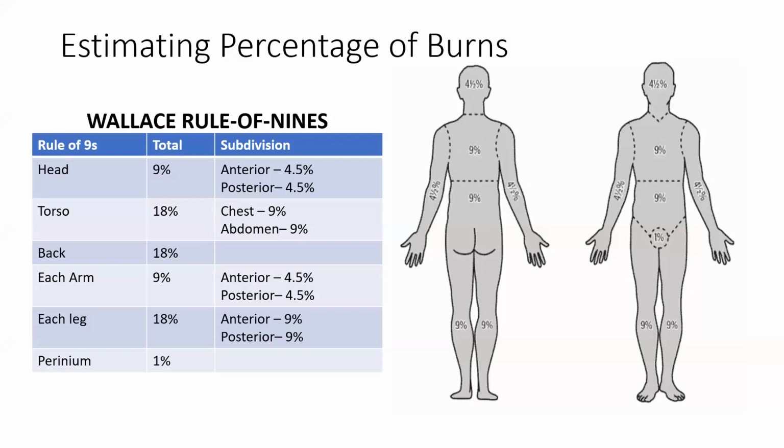The same thing goes for each leg. Anterior will form 9%, the posterior will also form 9%, and the perineum will have 1%. The version here is mostly for adult patients. For pediatric patients, we have slight modifications in terms of percentage, but basically the same principles apply.